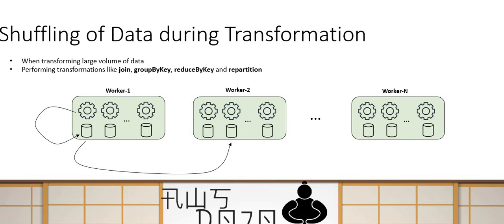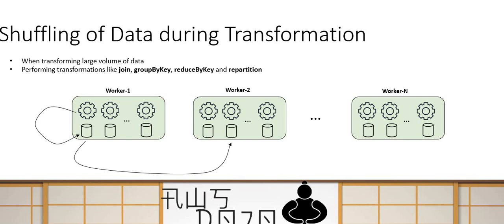So keep in mind that whenever you run transformations like join or group by, a lot of data shuffling happens, and for data shuffling to work, these executors store their data to the local disk, and then this data is sent over the network to the other executor to perform the join, group by, or reduce by transformations. So a lot of shuffling of data happens through this disk as well.